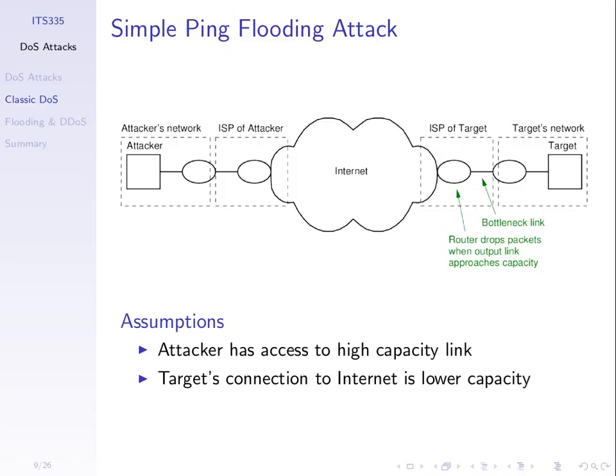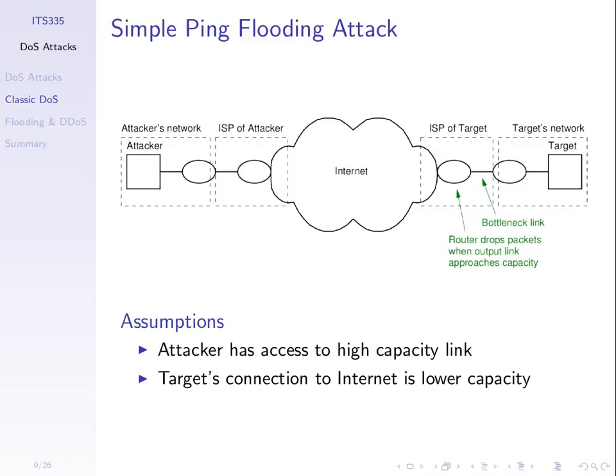So let's assume, and we'll say more about it later, that it may not be a realistic assumption, but for now let's assume that the attacker has a high capacity link. That is, at home we have 1 gigabit per second to our ISP. And the business that we're trying to attack has only a 100 megabit per second or a 10 megabit per second link here. So this is the slowest in the entire path.